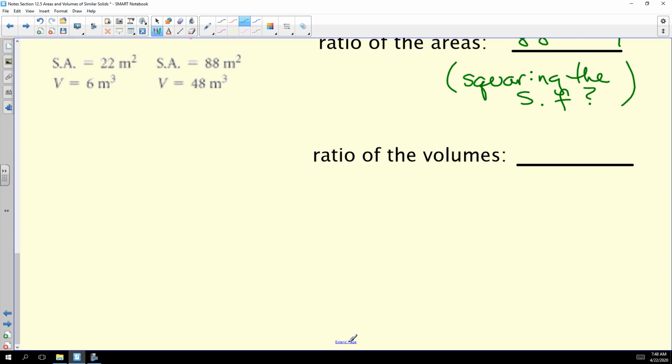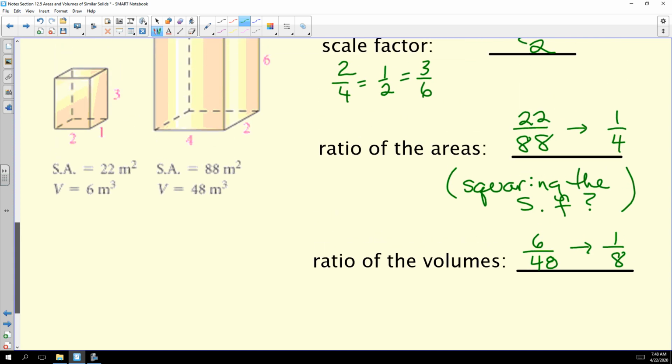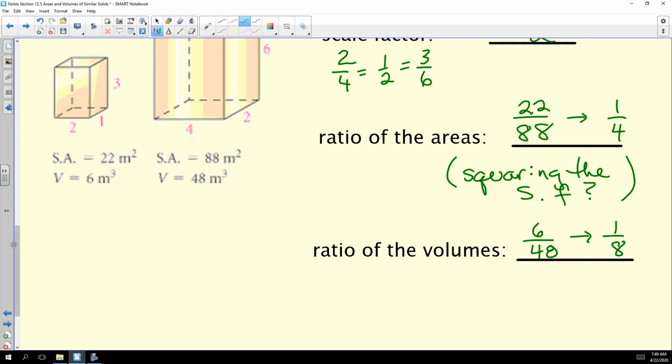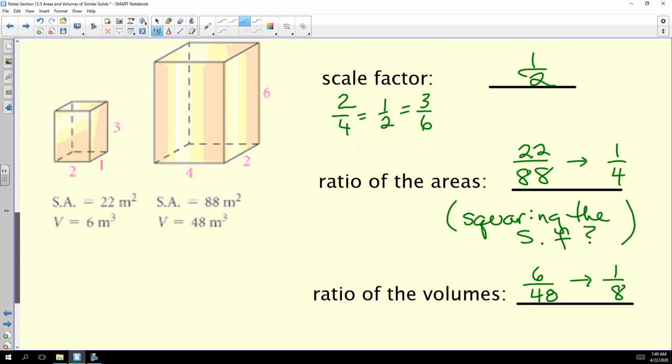Okay, and let's compare the ratio of the volumes. If we take the volume of the small rectangular prism, 6, and compare it to the volume of the large, 48, and we reduce that by 6, then we get 1/8. And again, if we double the 4, we would get the 8. But if we're doubling the 1, we don't get that. So how does that compare to the scale factor?